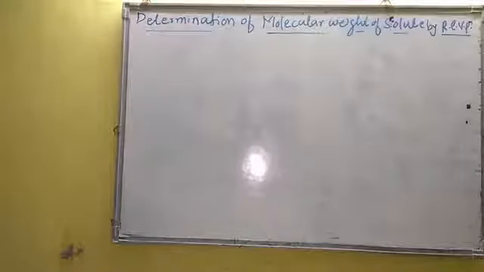Now student, our next and important point is determination of molecular weight of solute by relative lowering in vapor pressure. Now we have to find out the molecular weight of solute.